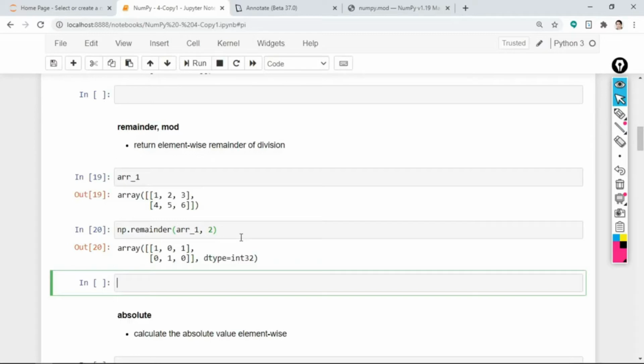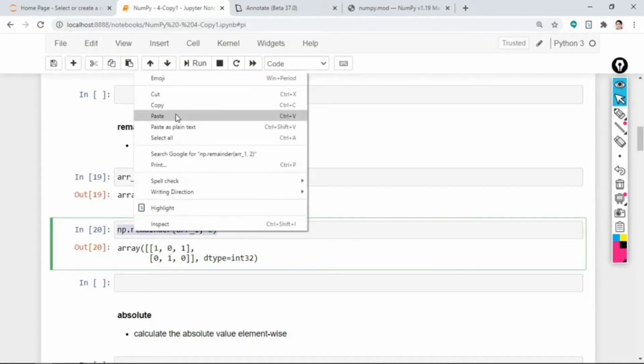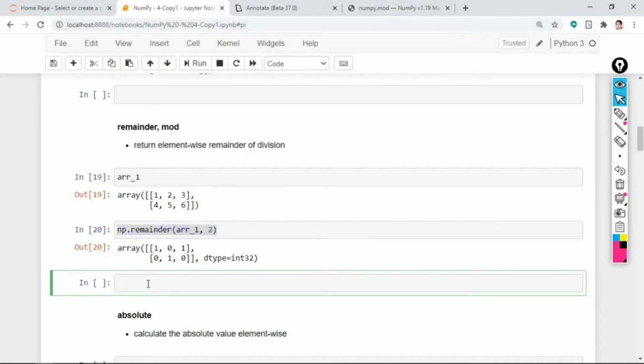So for array1 divided by 2, it has a remainder of 1. If you look closely, all even numbers have no remainder. You can also use mod, which is the equivalent of remainder, and we have the same values.